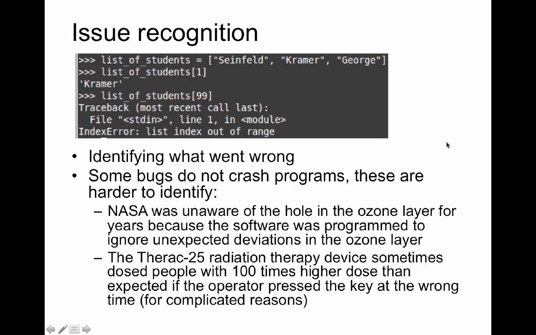Just a little aside, a lot of bugs in computer programming aren't as obvious as trying to get the 100th student in a class of 3 people. There are 2 that I want to go over because they're a little bit interesting.